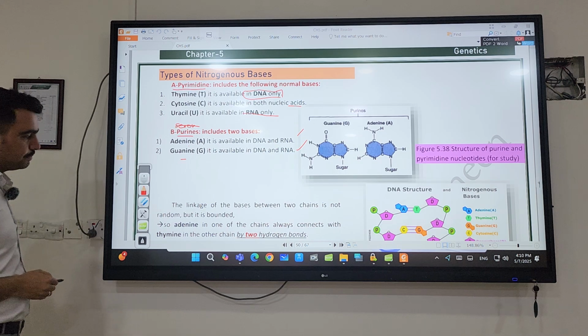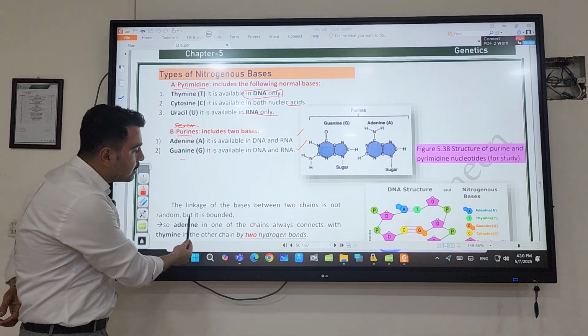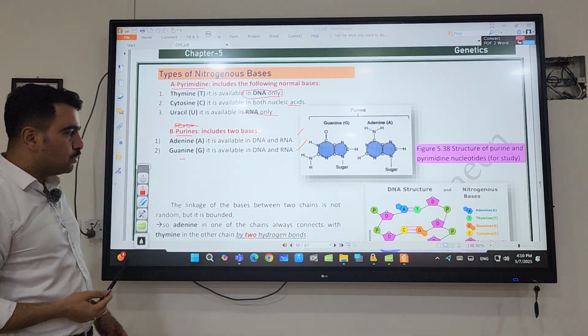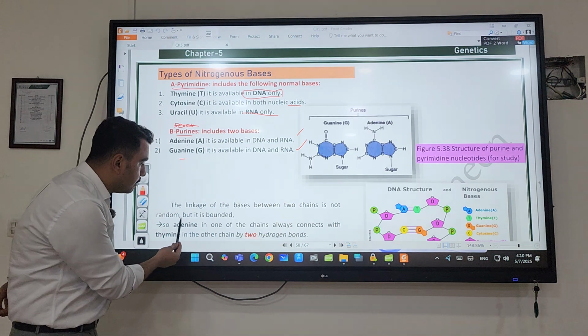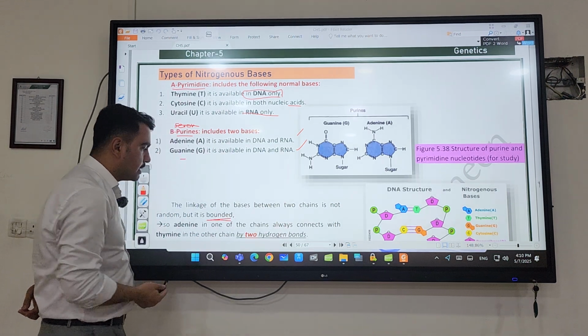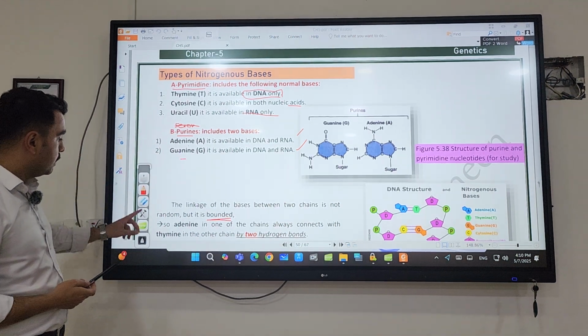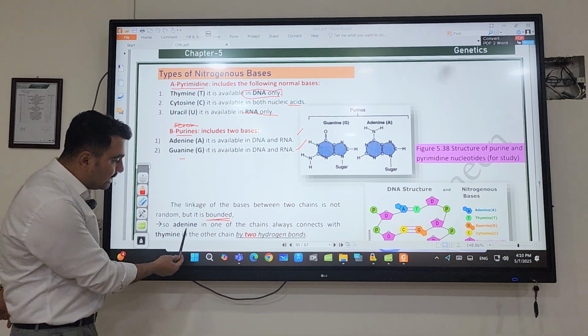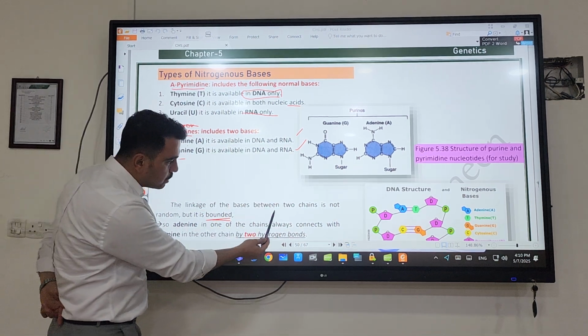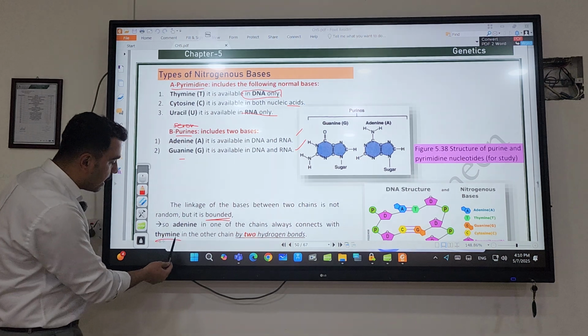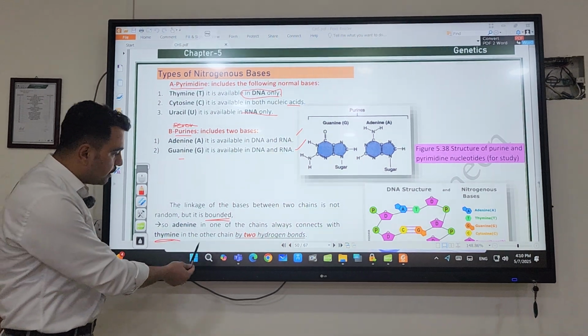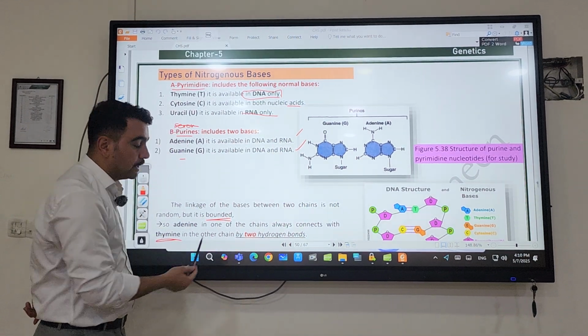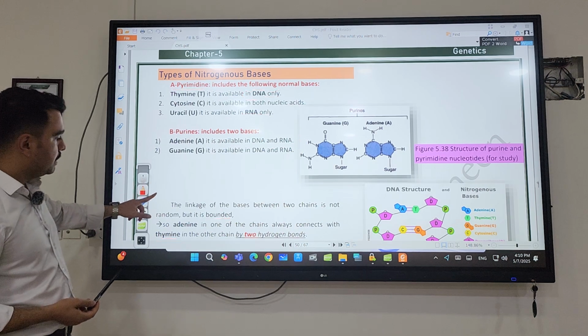You should know that. So the linkage of the bases between 2 chains is not random, but it is bonded. It means adenine in one of the chains always connects with thymine in the other chain by 2 hydrogen bonds. Please pay attention.